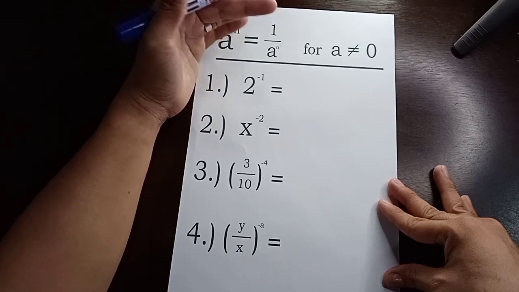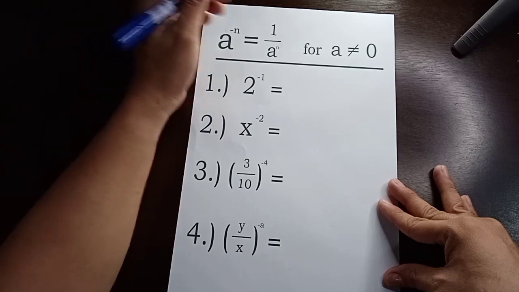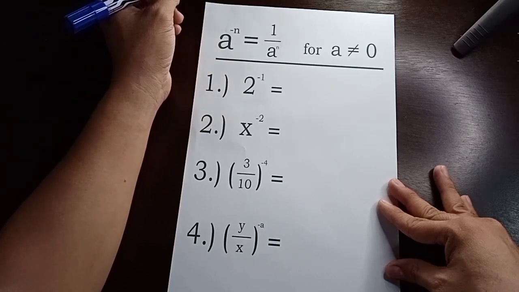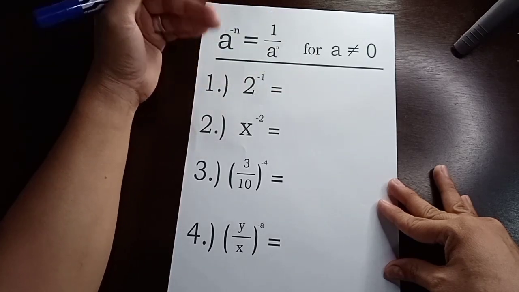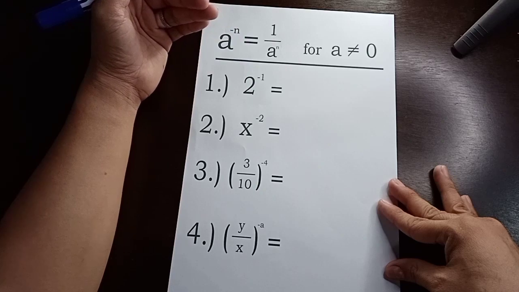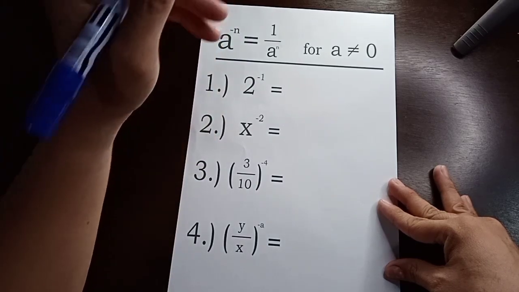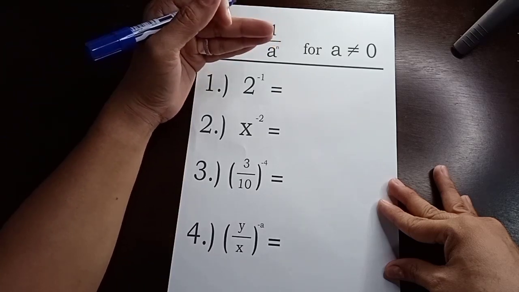Kasi po, kung magsi-0 po yung A natin, our problem is undefined. So, napakadali lang ito. Parang sa tingin lang po natin, napakahirap nito. Pero in negative exponent rule, gawin lang nating positive ang exponent.